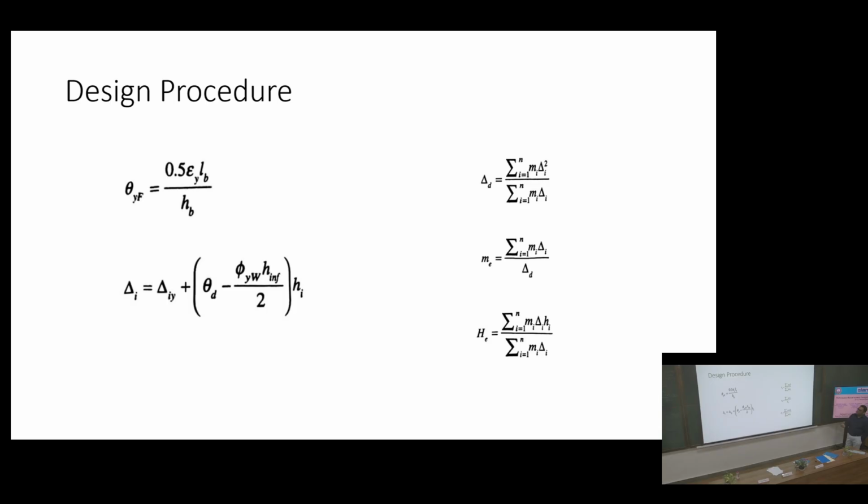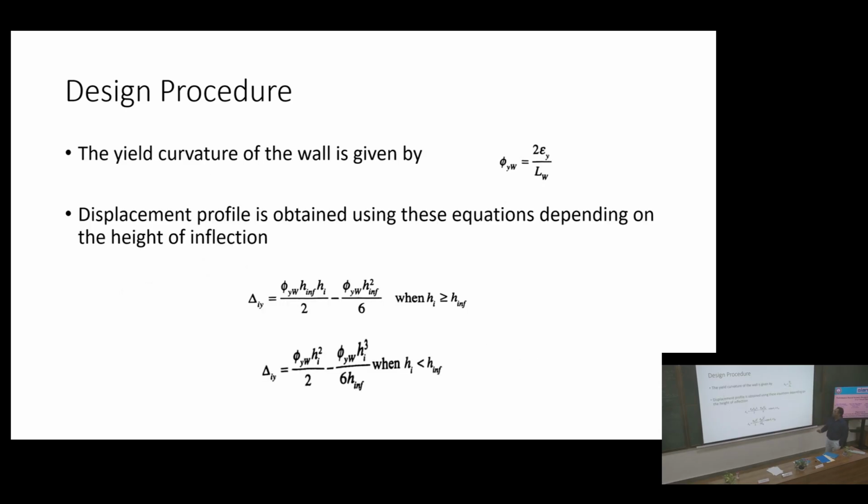Theta D is your design drift, height of inflection point, HI is the story height, the height of the story from the base of the structure. Delta IY is from the previous equation here.